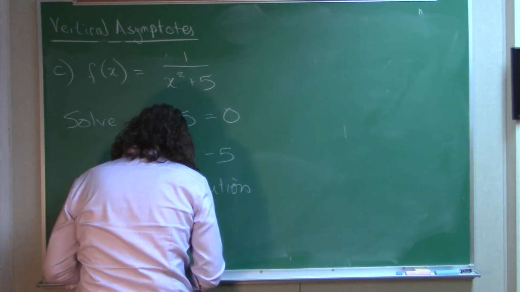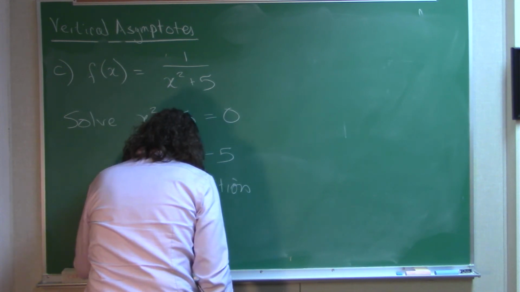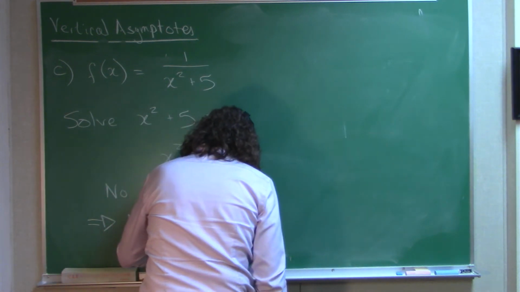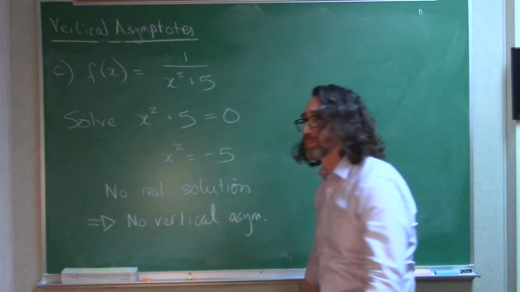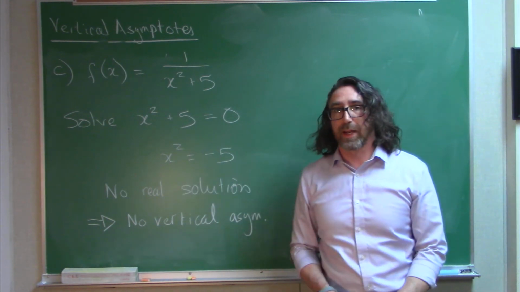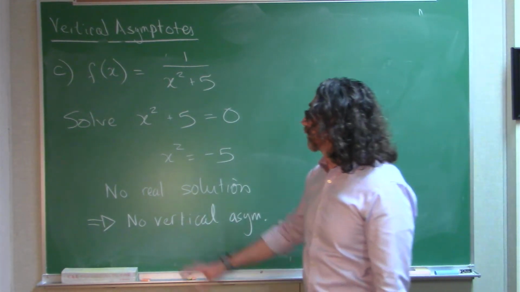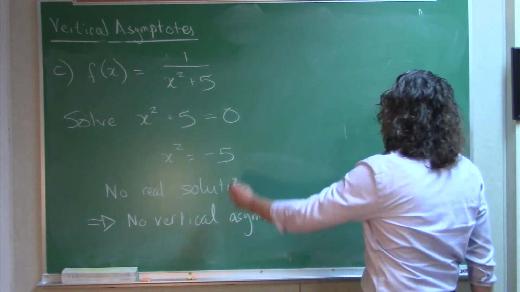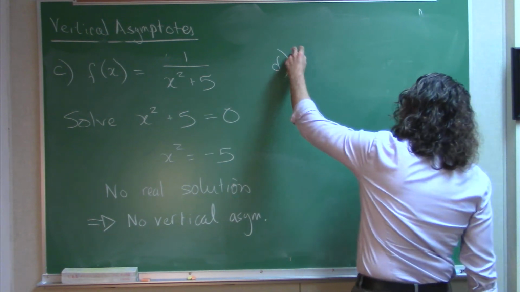Which implies this rational function has no vertical asymptote. Okay, this graph will not have a vertical asymptote. Okay, you get vertical asymptotes where the denominator is 0, and that denominator is not 0 for any real number. Okay, one more.